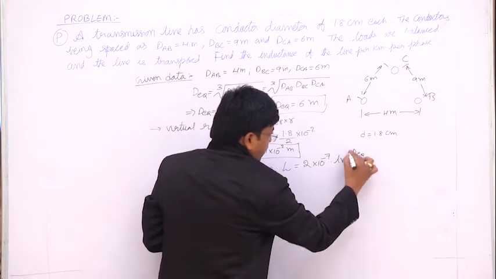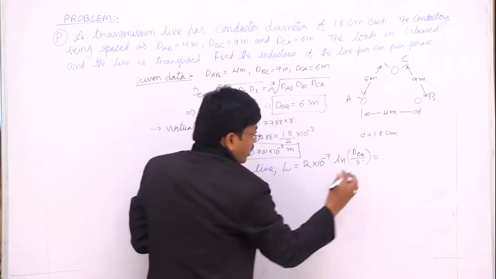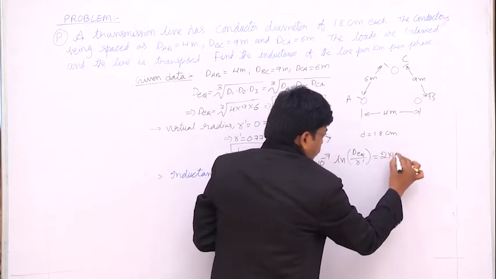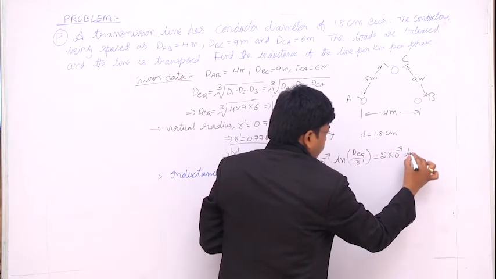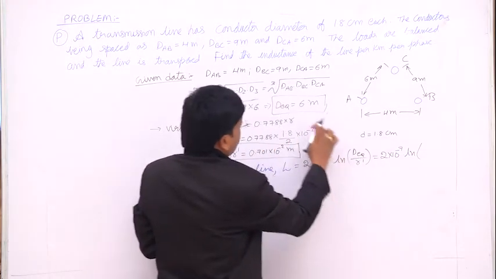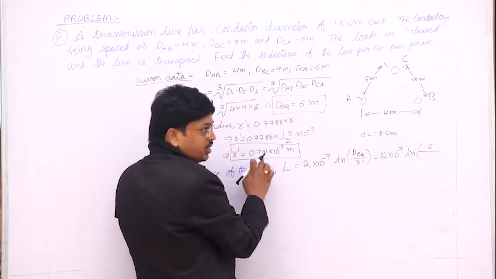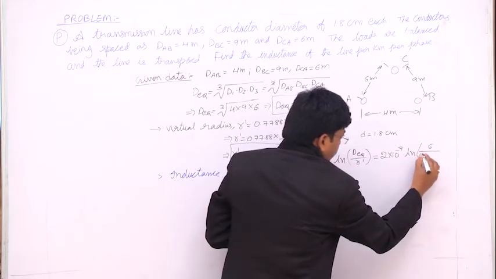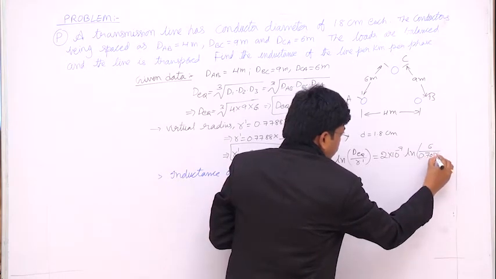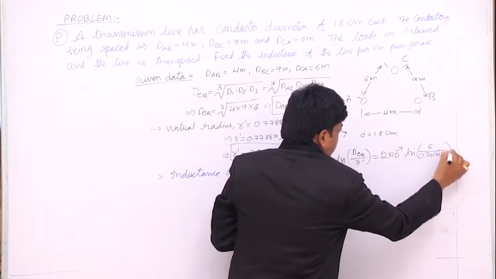Substituting the values, 2 into 10 power minus 7 into logarithm of D equivalent, which we obtained as 6 meters, by R dash, which we obtained as 0.701 into 10 power minus 2.